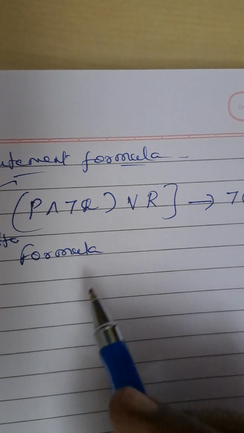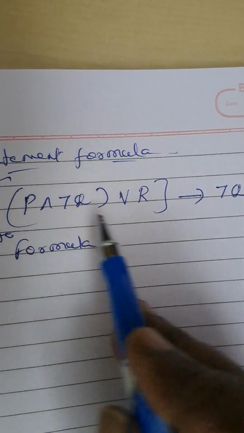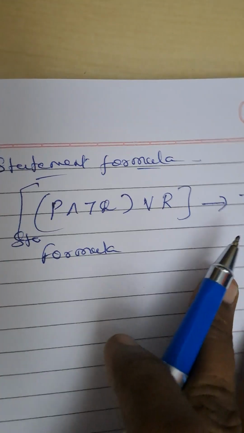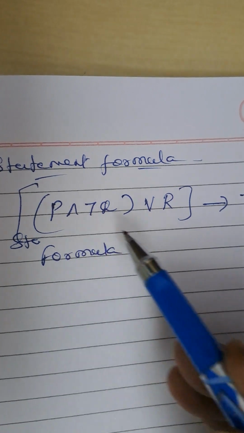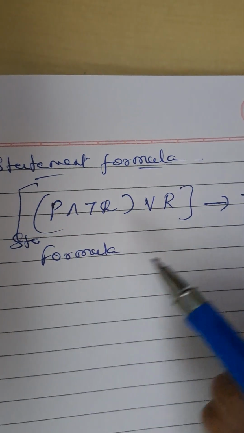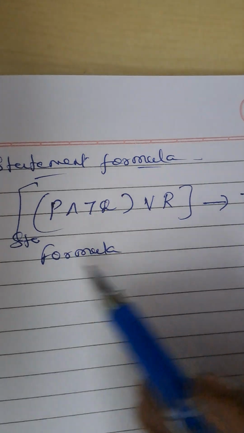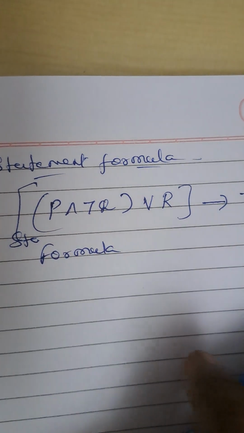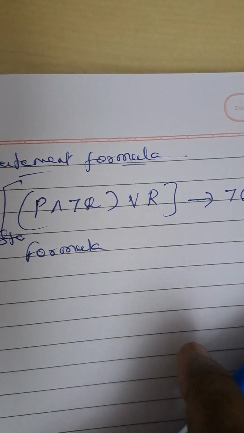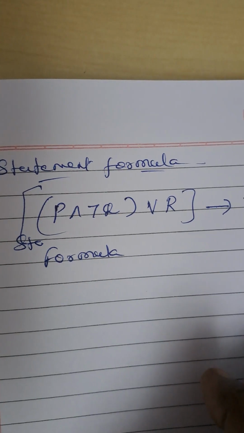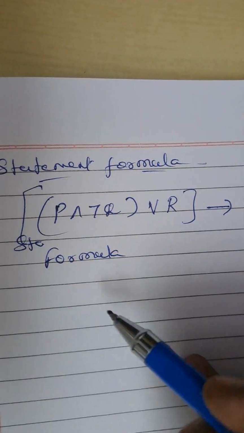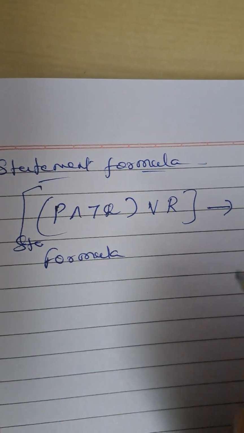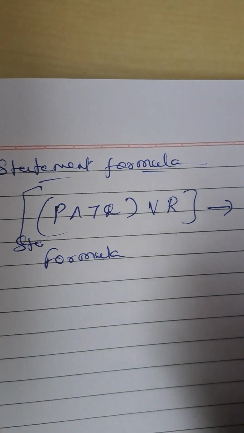If you get many propositions with many connectives together, we will just frame it as a formula. I already told P, Q, R are simply variables. So with these variables, we can have some operations between them. So with the variables and the operations, we can produce some expressions. These expressions are called statement formula. With these expressions, you can go for other operations. You can simplify the expression. You can find a particular truth value for the expression and so on.